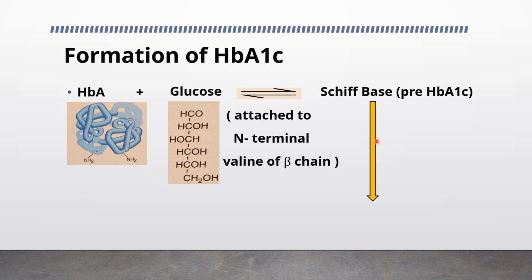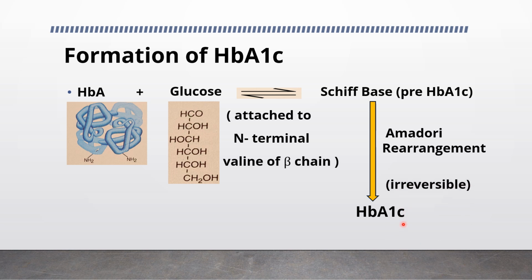Now, this Schiff's base undergoes a rearrangement known as Amadori rearrangement to form the HbA1c molecule. Once this formation occurs, it is an irreversible molecule, which means that HbA1c, once formed, will remain throughout the lifespan of that RBC.